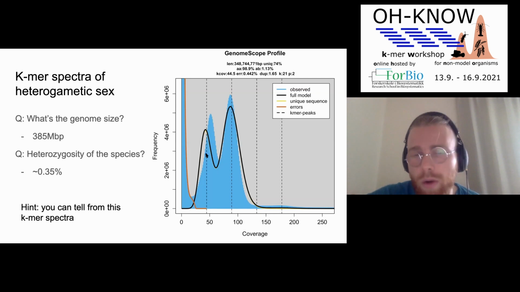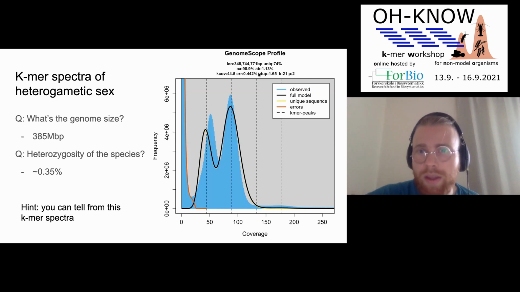Basically what the model assumes is that this is a heterozygous peak, although it's not a heterozygous peak. It's a peak that is associated with the sex chromosomes. And these are the autosomal peaks. No, this is the autosomal peak. So this is the reason why GenomeScope very much underestimates the real genome size, because it thinks that those X chromosomes are simply heterozygous positions. It doesn't think that they are just homozygous haploid chromosomes.